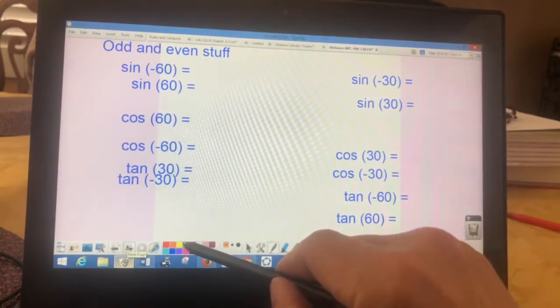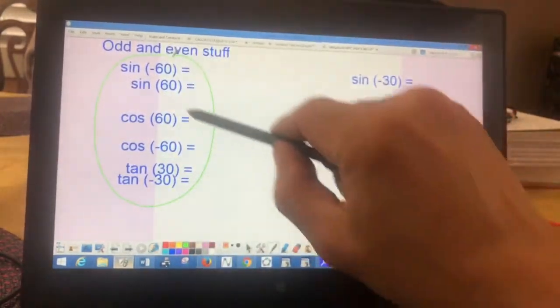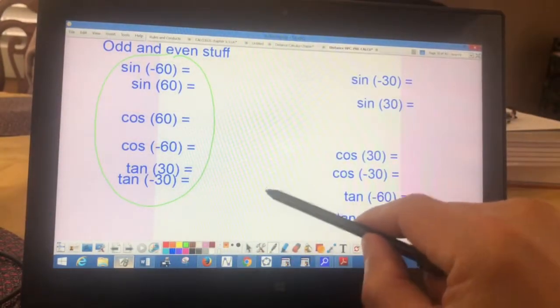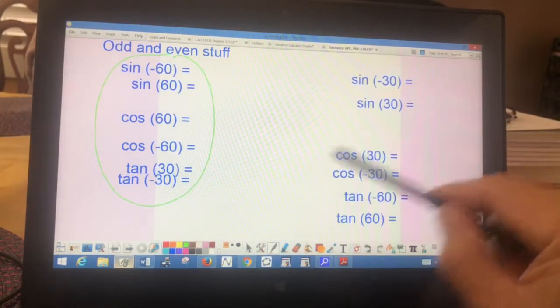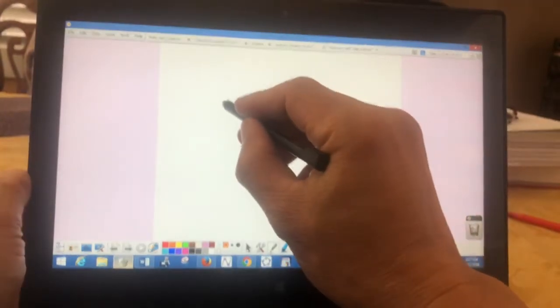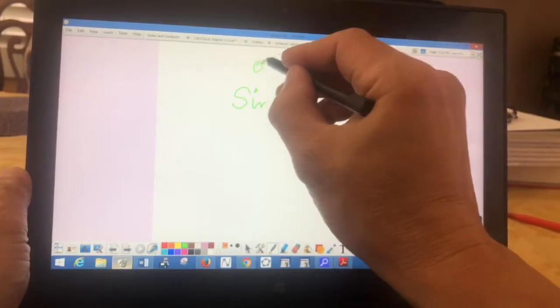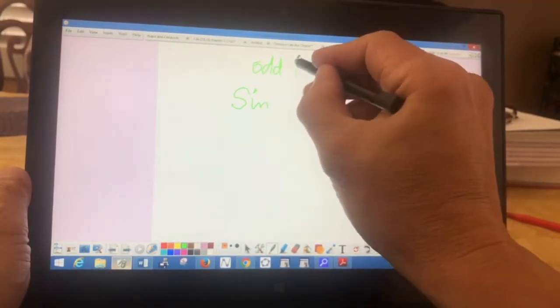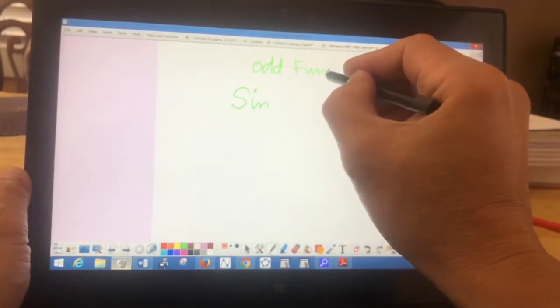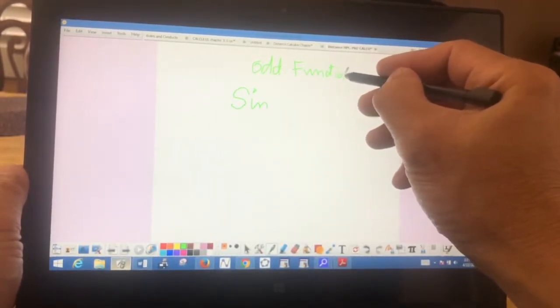Sine is an odd function. Cosine is an even function. Now, if I see a sine, sine is an odd function. Remember the odd function, if you have a negative, you can put the negative on the outside.